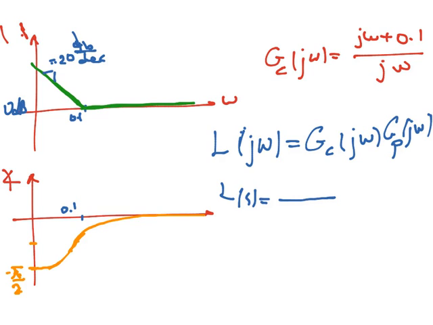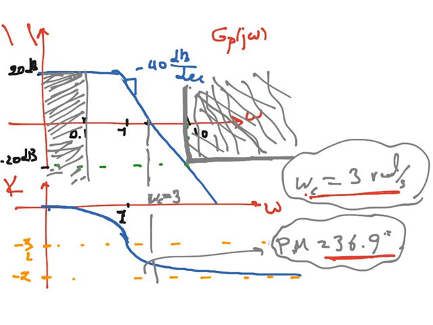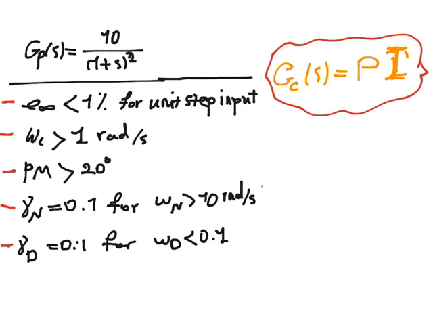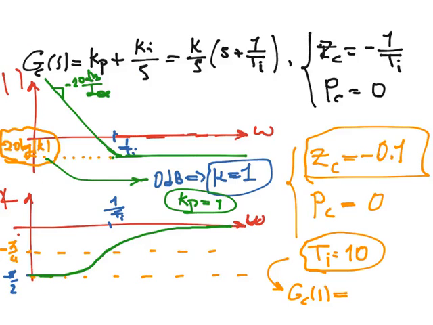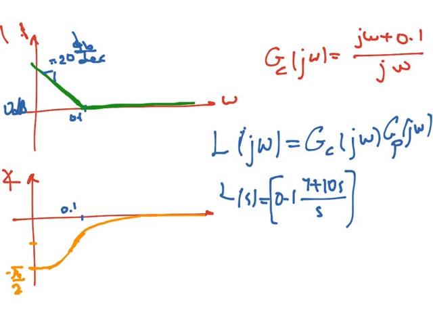L(s) will be equal to 0.1 times (1 plus 10s) over s, and this should be multiplied by G_P, the transfer function that we have for the plant, which is 10 over (1 plus s) squared.